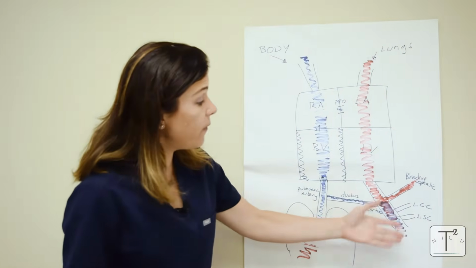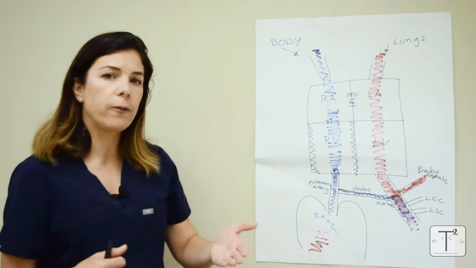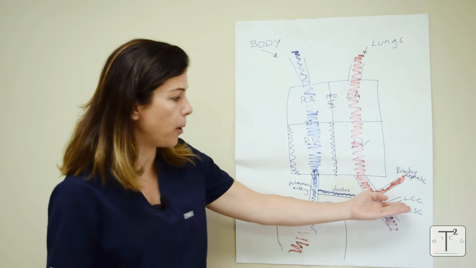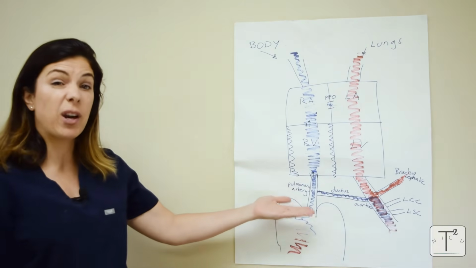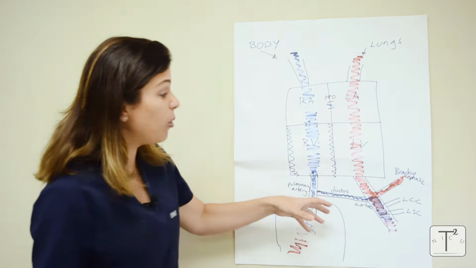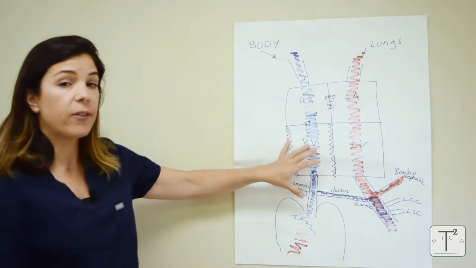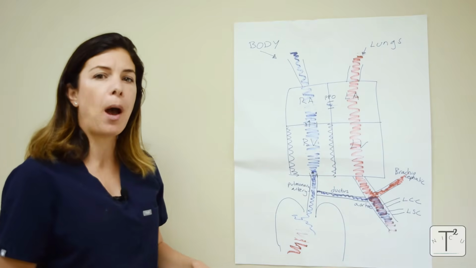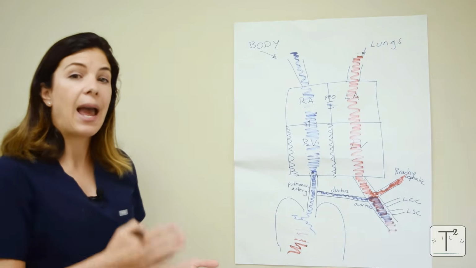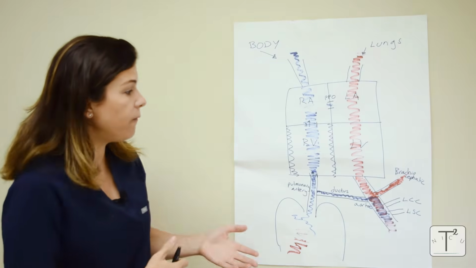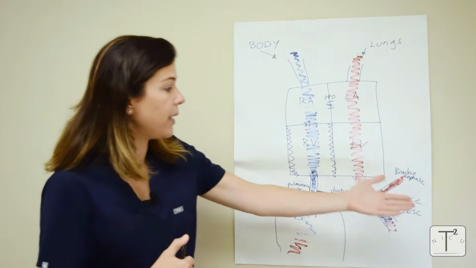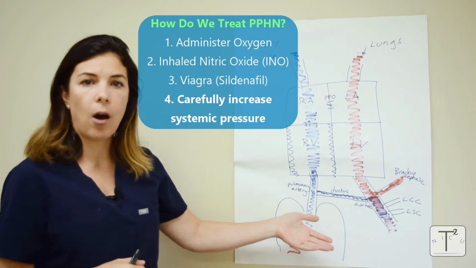But if you're artificially raising the pressures on the left side of the body, and you have high pressures in the lungs, then even though you might not get a lot of shunting, the heart, the right and the left side of the heart, is now having to pump against very high pressures. And that is unsustainable. If the pressures remain elevated both on the left and the right, eventually the heart will fail.